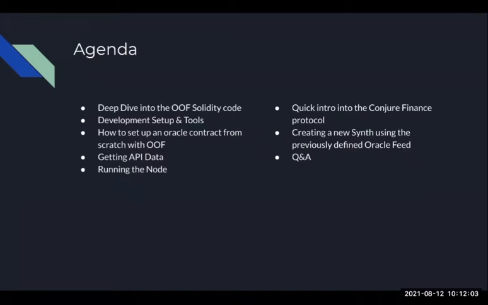Also, I want to tell you how to set up an Oracle contract from scratch with the Open Oracle framework, getting any API data you can imagine and creating a data feed out of it, and actually also running the node. After we have accomplished all of this, we'll give a quick intro to our Conjure.finance protocol, and then we will create a new synthetic asset using the previously defined Oracle feed.